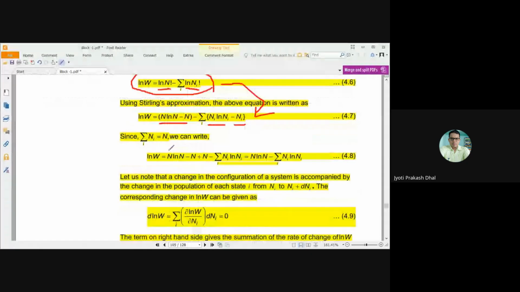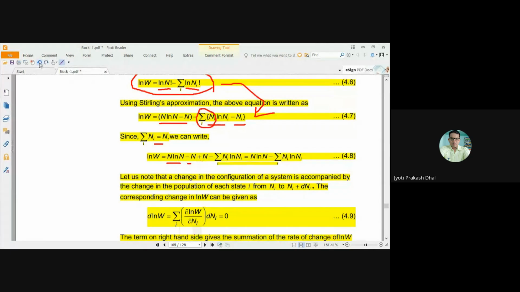Now the summation of ni equals n, and hence we can write ln W equals n ln n minus n plus, since summation of ni equals n, we put n, minus summation of ni ln ni.